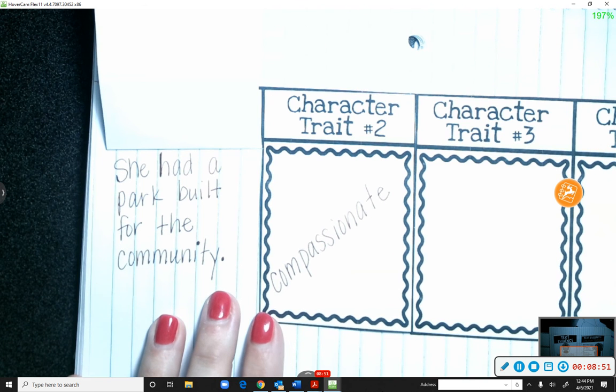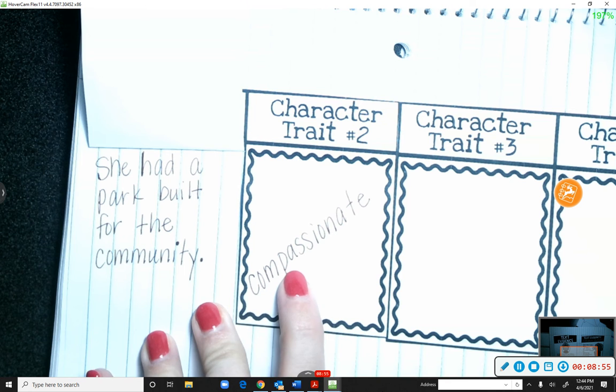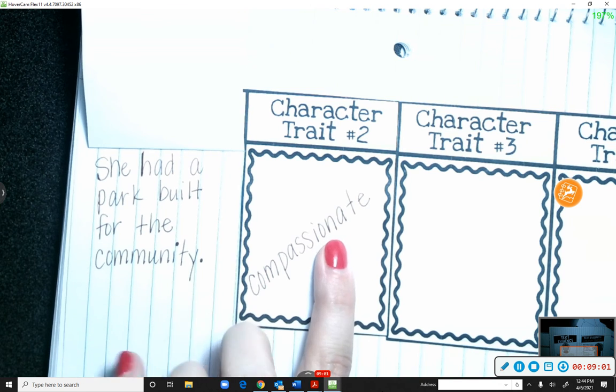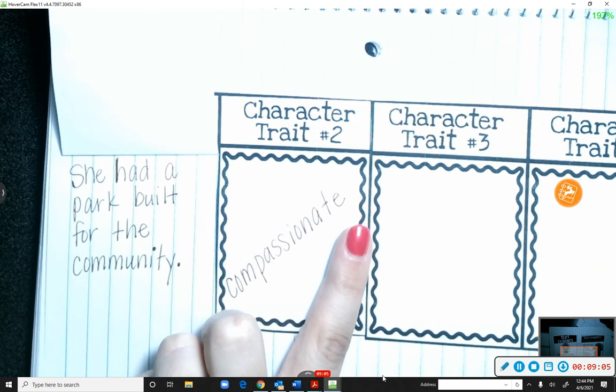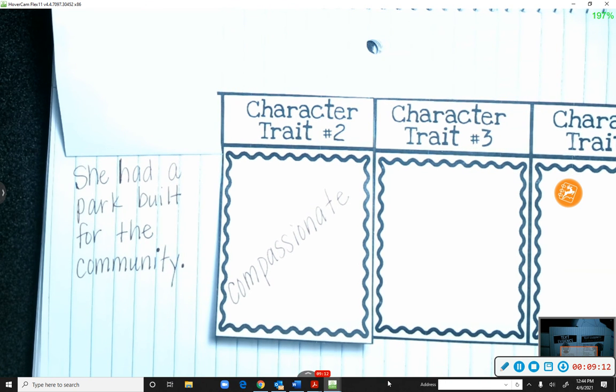Wait. Can you spell that? COMPASSIONATE. Okay? So we need to pick the text evidence we want to write underneath that showed us she was compassionate. Compassionate means you are understanding of other people's feelings and what they're going through.